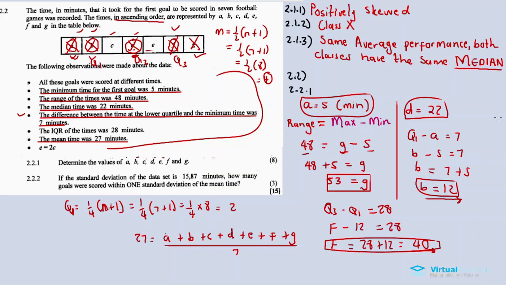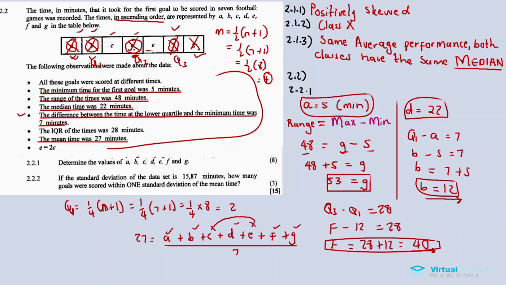Now, the other values I do have: A, B, D yes, E no, but there's a formula connecting C and E, you will see a bit later. F I do have, G I do have.